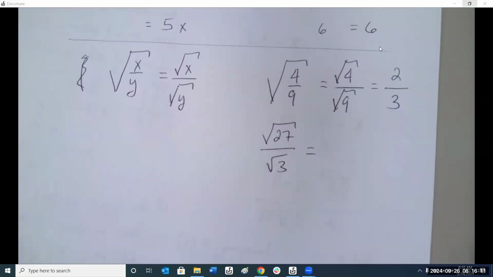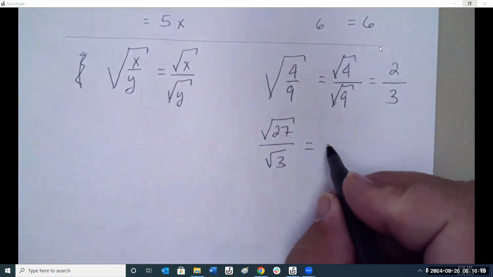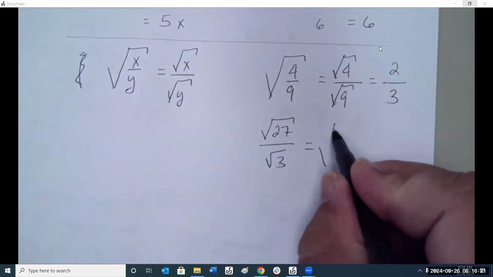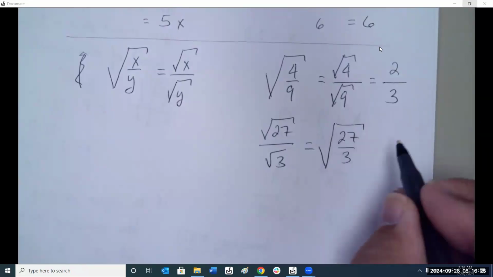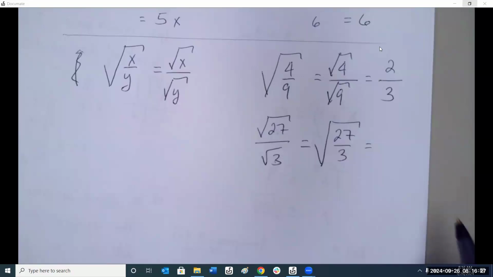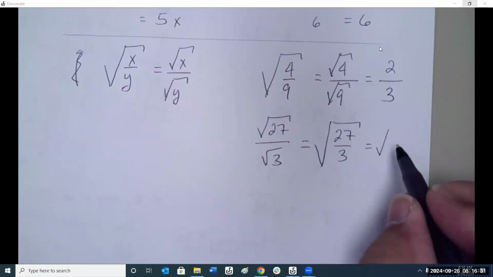Square root of 27 over square root of 3. Are either of these perfect squares? No. So there's two ways we can do this. One way is we can put them under the same radical. Does 3 go into 27? How many times? 9.